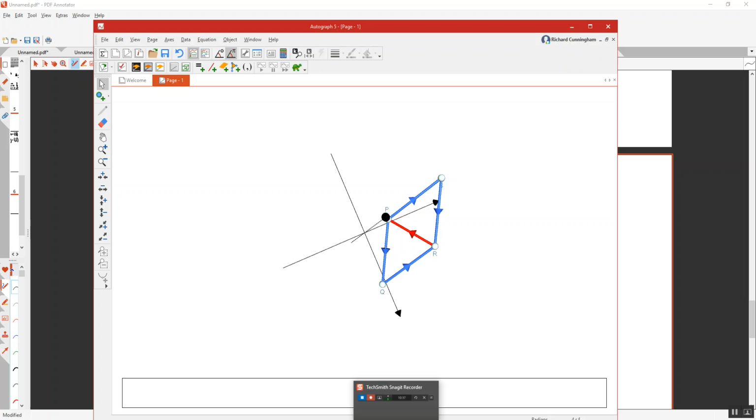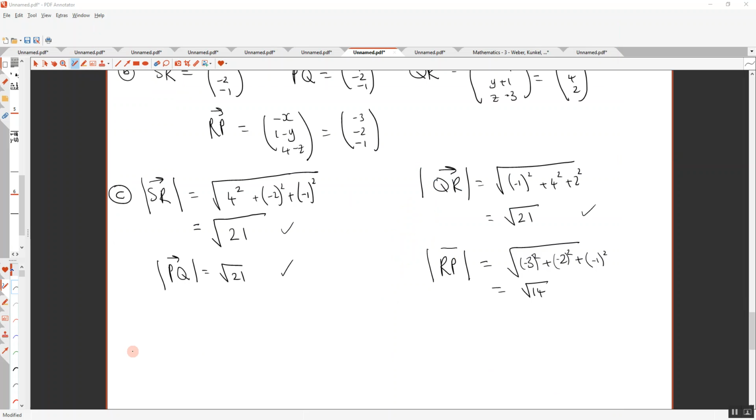Okay, let's do the last part. So unit vectors we haven't covered yet, but I will cover now. So a unit vector is a vector of magnitude 1.